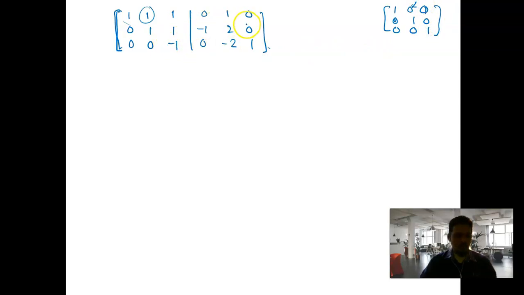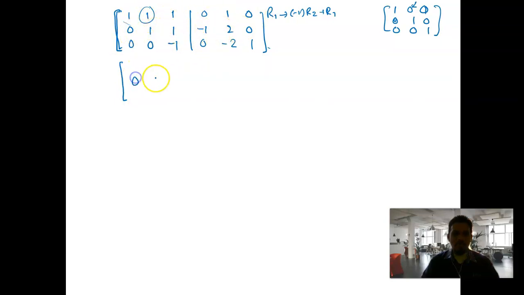So what we're going to do is come up with the new R1, which is negative 1 R2 plus R1. There will be changes in the elements in row 1, but nothing changed in row 2 and row 3.